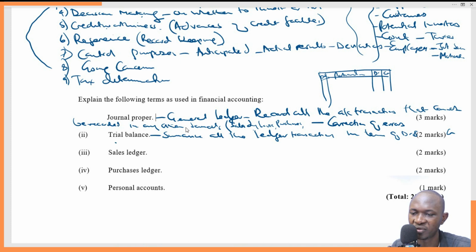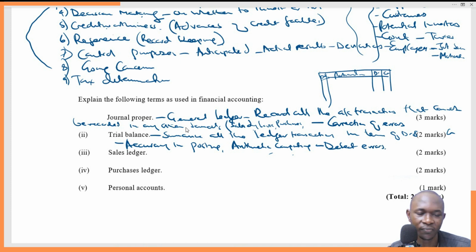The main purpose of the trial balance is to check on the accuracy in postings and accuracy in arithmetic computations. So it's mostly used to detect errors during the posting of the transactions in the ledgers.